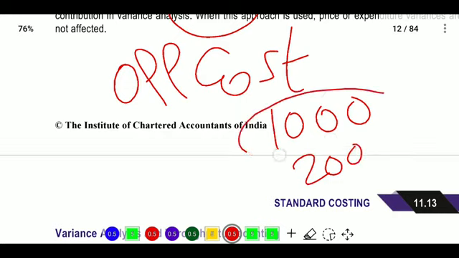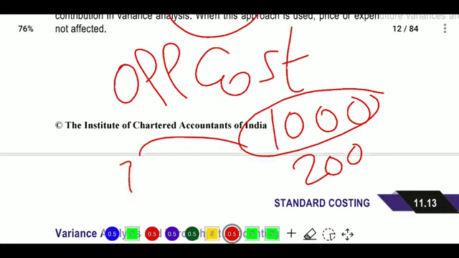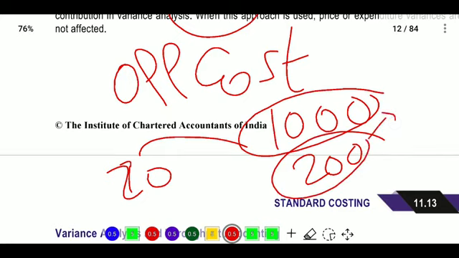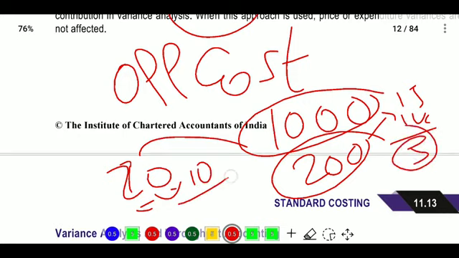If you produce this 1000 we will get one amount, I think 20 rupees, but if we provide it internally we will get only 15 rupees. Variable cost will be maybe 10 rupees in both cases. So at 15 rupees we get 5 rupees profit, and here we get 10 rupees profit. There we lose 5 rupees of contribution.